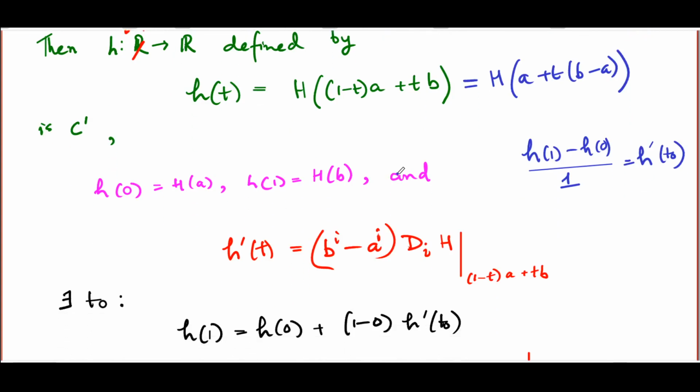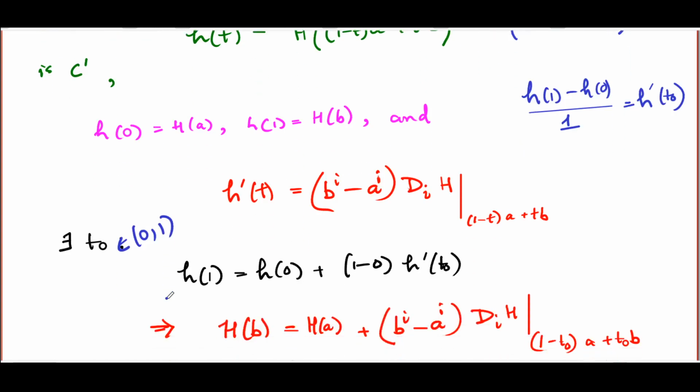So, mean value theorem, as we said, tells you that there must exist a t0, actually a t0 in the open interval 0 to 1, such that h1 minus h0 is equal to h prime t0, or h1 is h0 plus h prime t0.